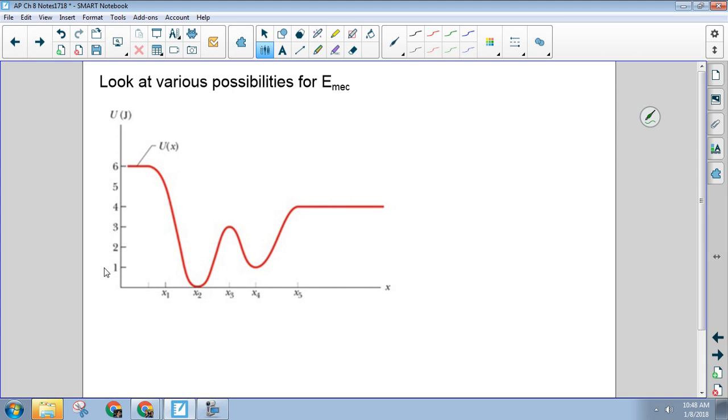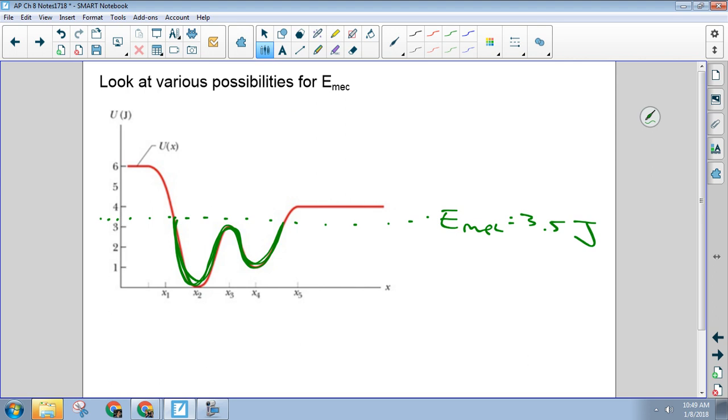What if we had 3.5 joules of mechanical energy? What would this thing do? It would just cycle back and forth, right? So the mechanical energy line represents your oscillation, which is always going to occur below that line.